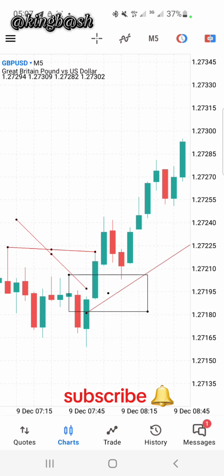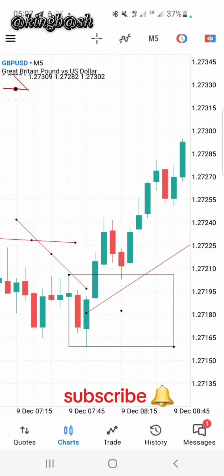So from this breaker block down here, this is an area where you are going to be looking for your entry.